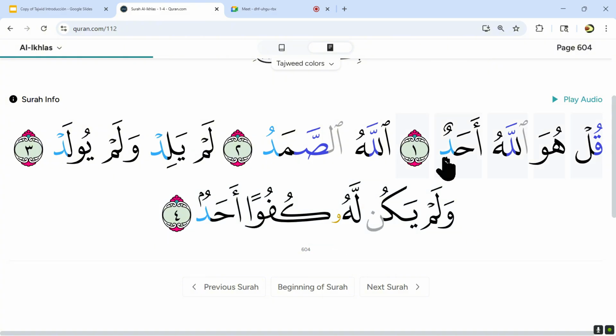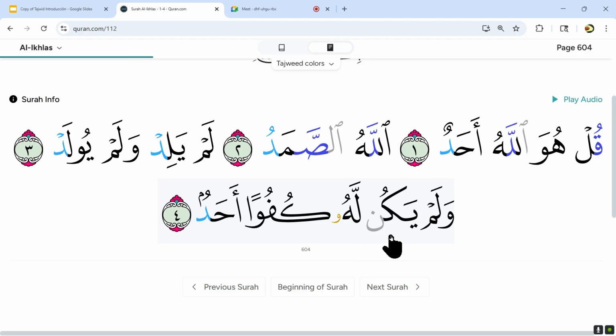So idgham on the second set says that we're not going to pronounce the gunna and we're just going to combine into the letter. So instead of saying walam yakun lahu, what do we say? Walam yakul lahu. Yeah. So the lam combines into the noon. Okay, I got you.